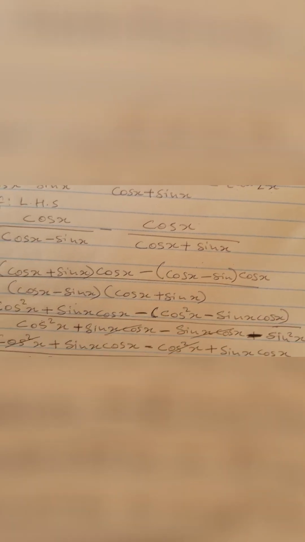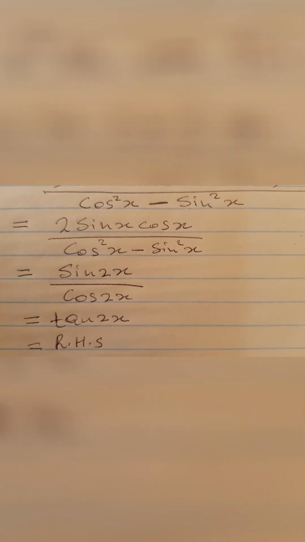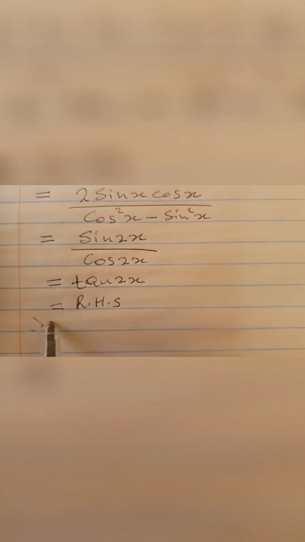So this is exactly what we have as tan 2x. So now we can write that this is equal to the right-hand side, and then conclude that the left-hand side is equal to the right-hand side.